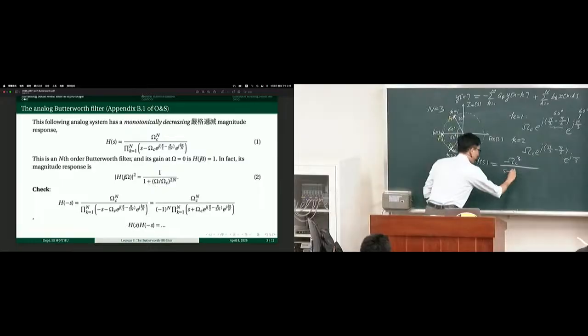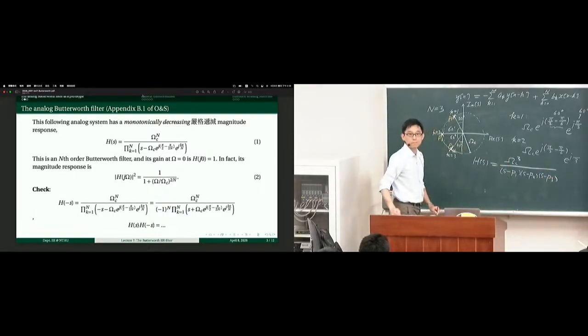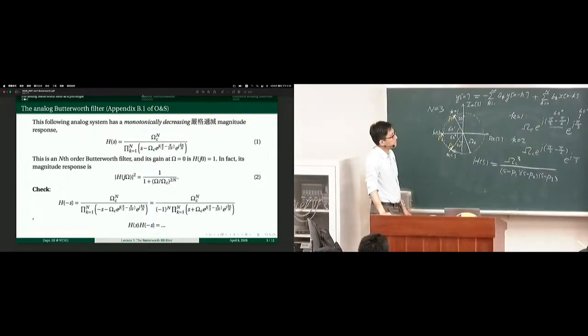So now we have S minus P1, S minus P2, S minus P3, where P1, P2, P3 are 3 complex numbers. That's just a definition, and then we have H of S, which represents some kind of an analog system. So this function becomes our prototype. This is a starting point. Our prototype is our starting point. So far so good? The starting point is a function defined on the S plane. That's our prototype.